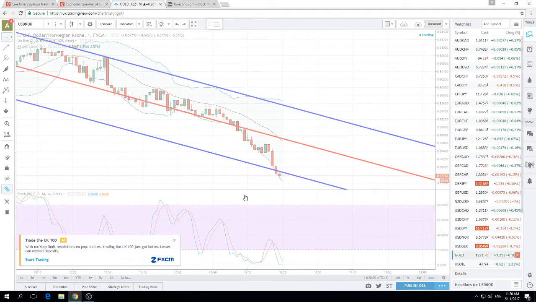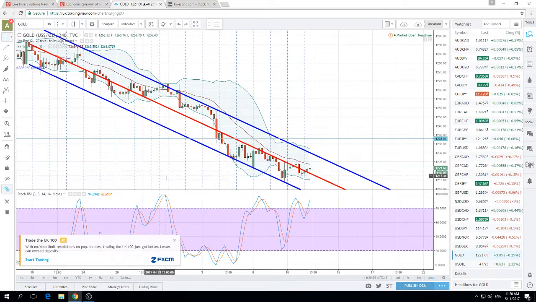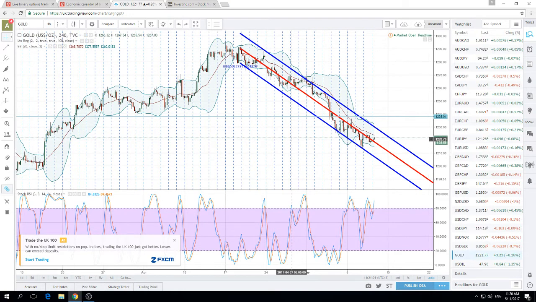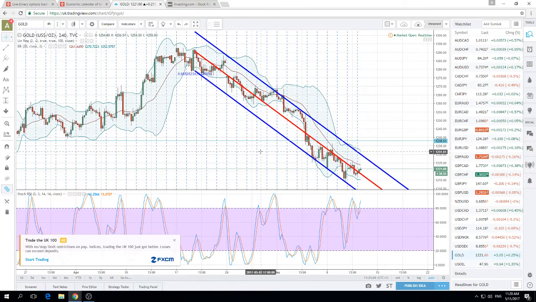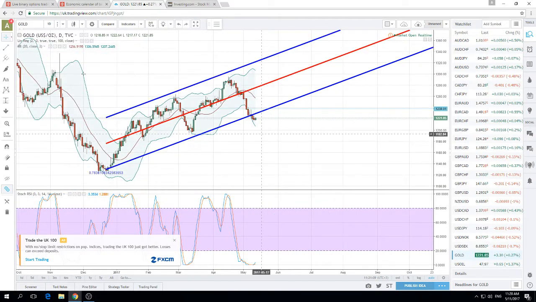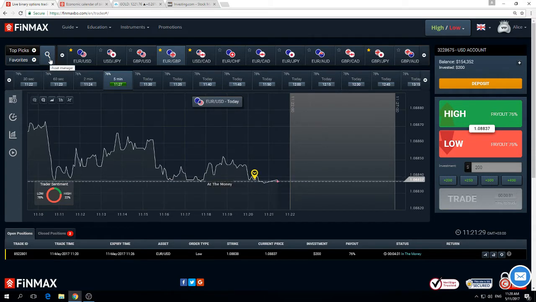Let's pay a bit of attention to the commodities. So as you see, currently the gold is pretty low, pretty underestimated, and within like several days time frame we can talk about opening the position for the high. So I will enter here for, let's check what time frames we are offered.